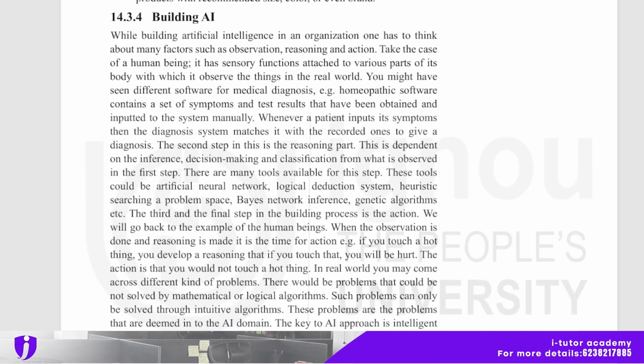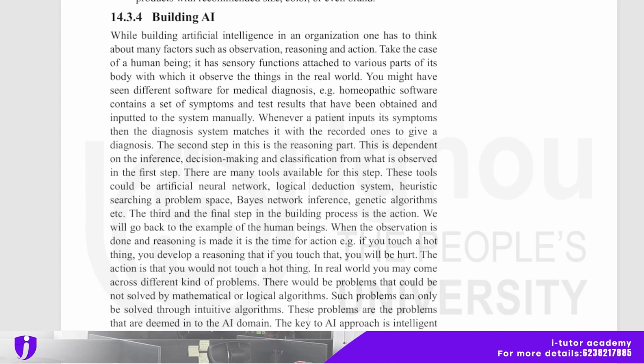The second step is the reasoning part, and this is dependent on inference, decision making, and classification from what is observed in the first step. There are many tools available for these steps, and these tools could be artificial neural networks, logical deduction systems, heuristic searching of a problem space, network inference, genetic algorithms, etc. The third and final step in the building process is the action.